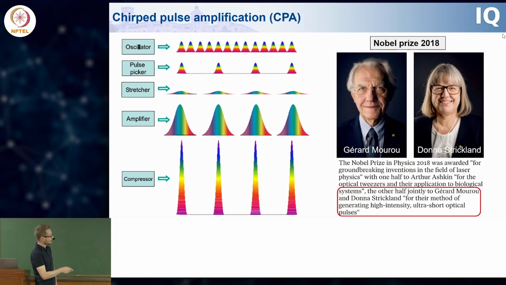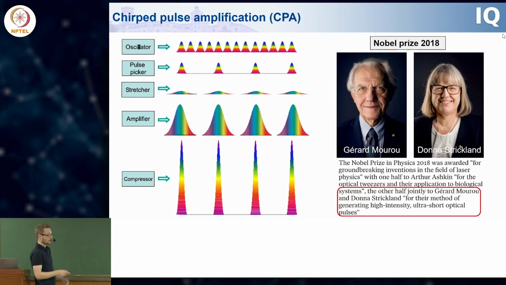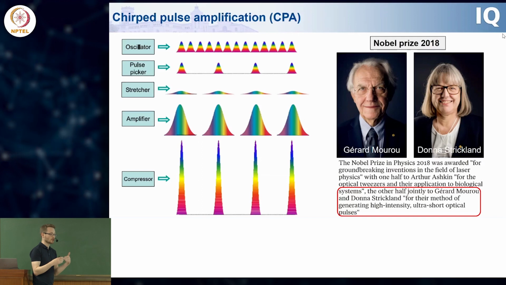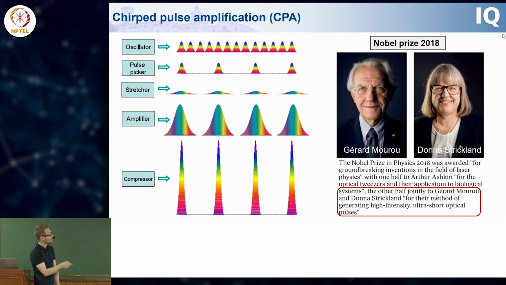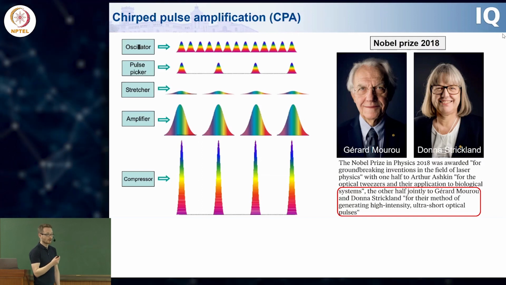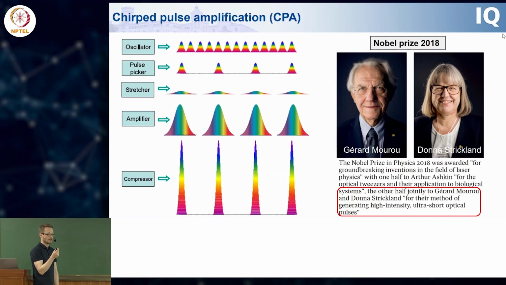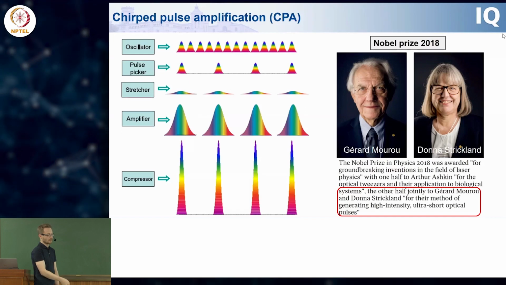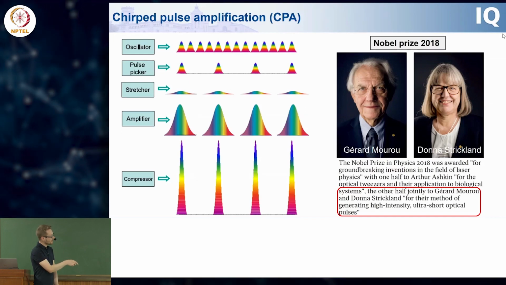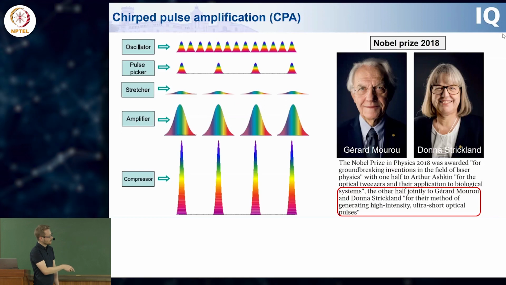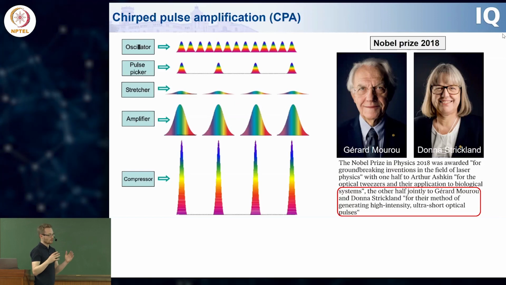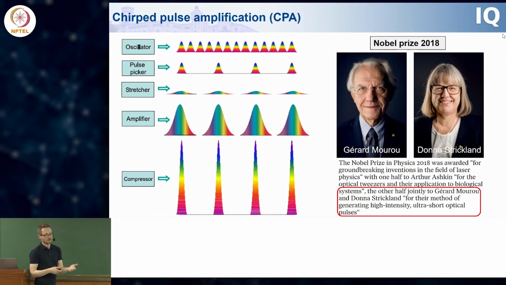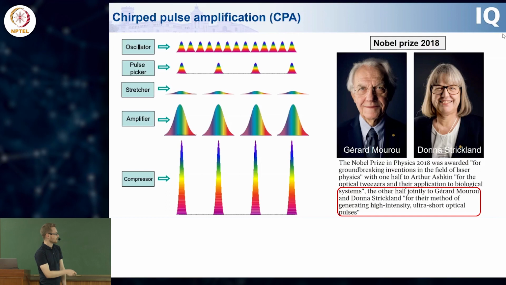Then you stretch them in time, as I described just now. So you lower the intensity, and because you lower the intensity, you can amplify them much, much more than you would be able to when you leave them compressed, simply because the limiting factor is the damage on the amplifying laser crystal. And the nice thing now is that the optics to revert this process of stretching the pulse in time are much more resistant to higher intensities than the laser crystals are.